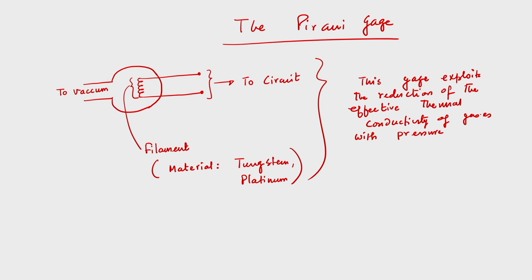So the effective conductivity of the gas will be reduced, we will see how, and then if the effective conductivity of the gas is reduced, how can we measure pressure? Because the conductivity will reduce with pressure, in particular in the low pressure regime.